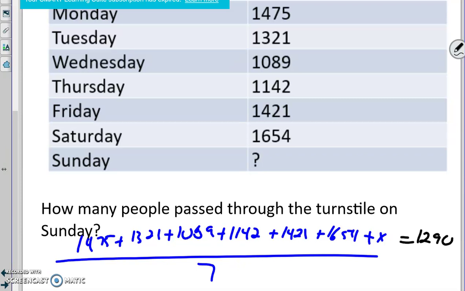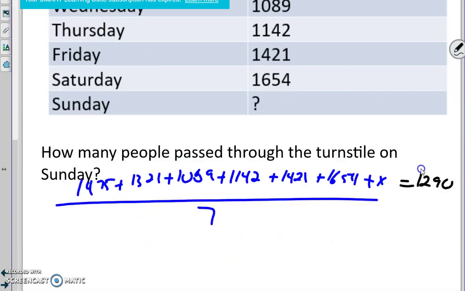No, I have to start over again. Did anyone finish it? I got 8102. Did anybody else get something different? 8102? Yeah, that's what I got too.